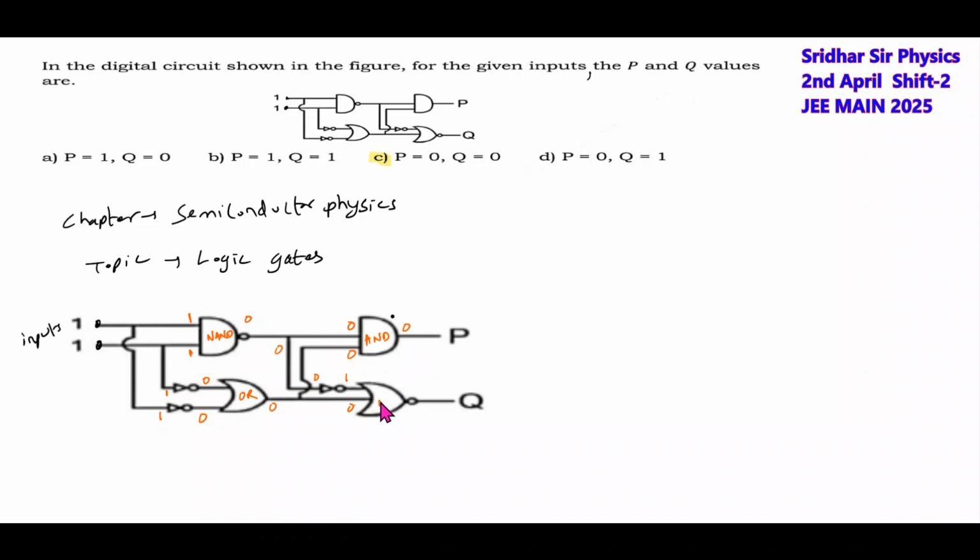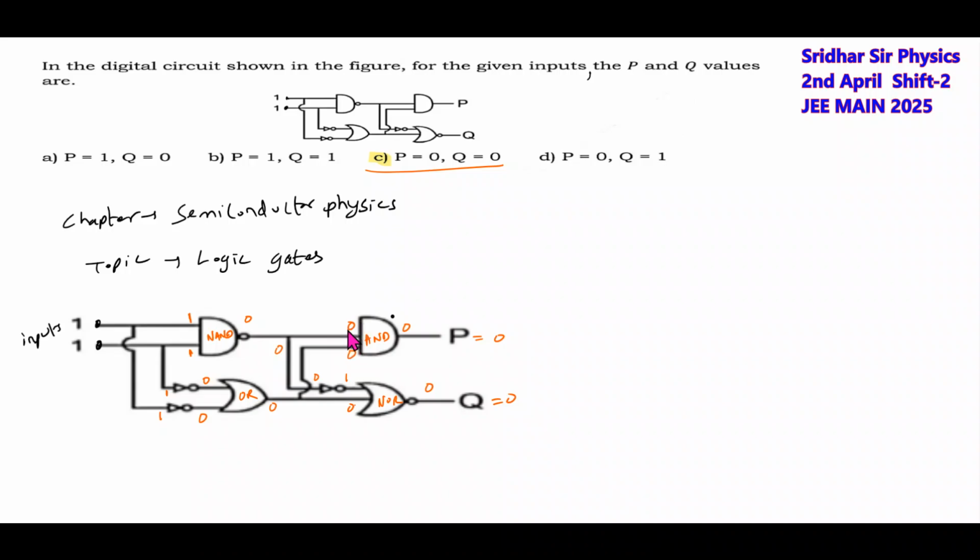Then this is the NOR gate, the output will be low. So this will be 0, this will be 0. We have to trace out almost all the gates here: OR, NAND and NOR. You should know the basic logic operation of these fundamental gates.